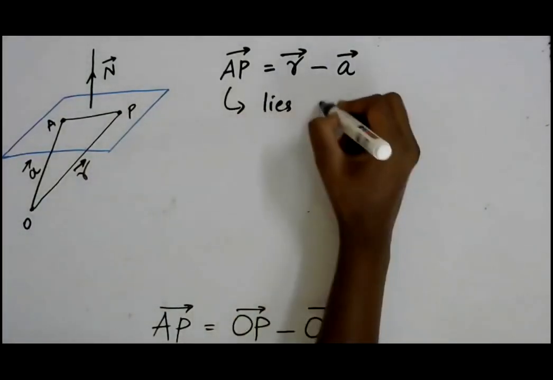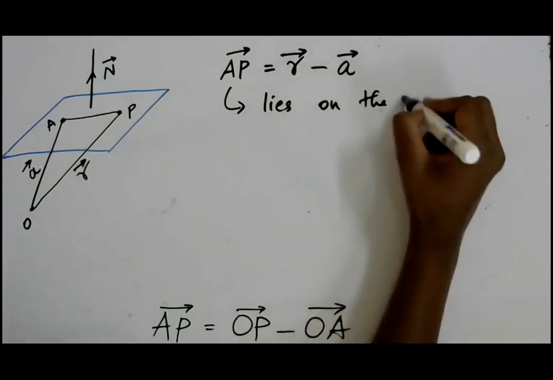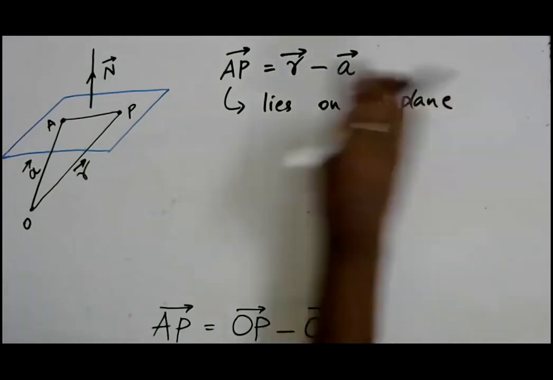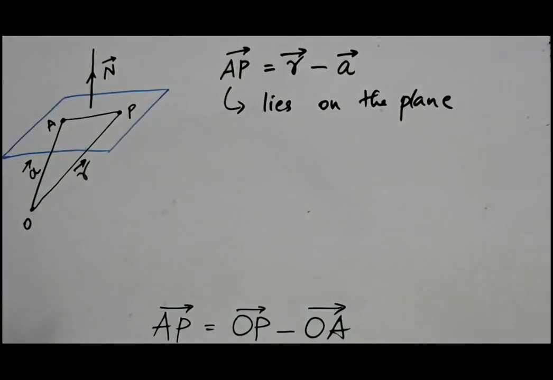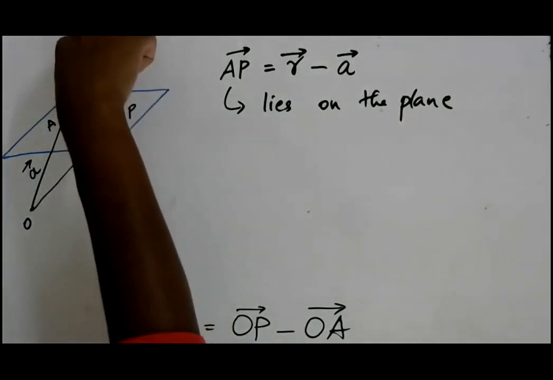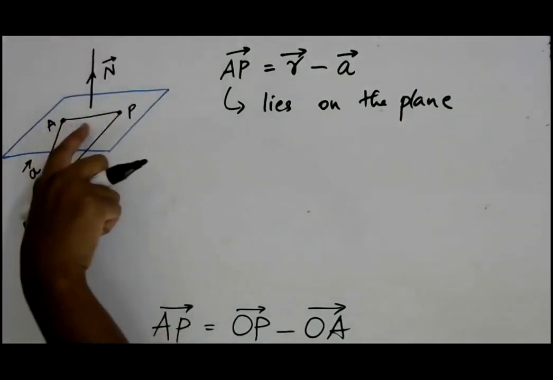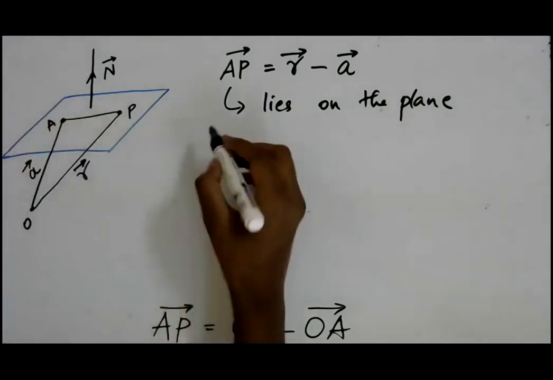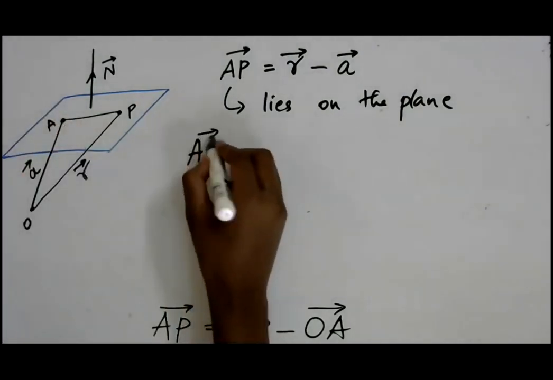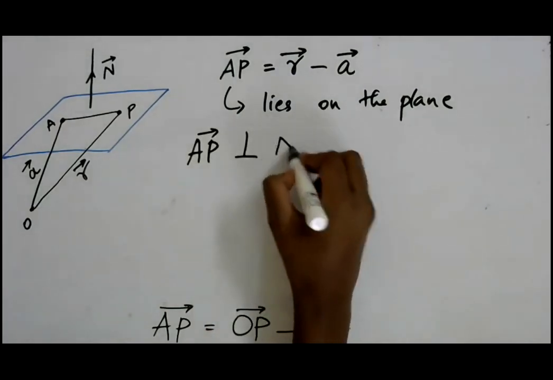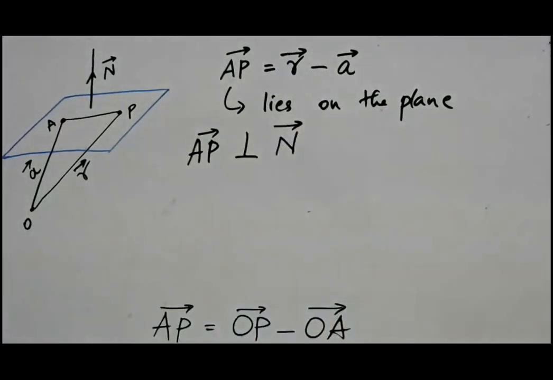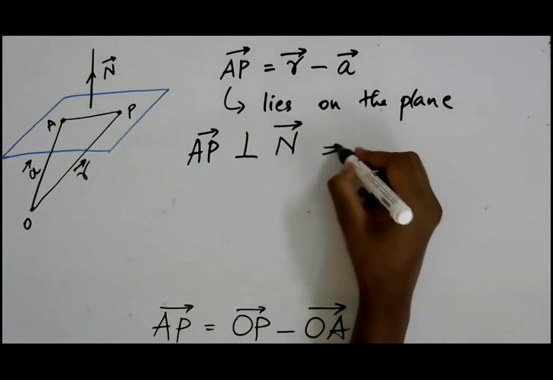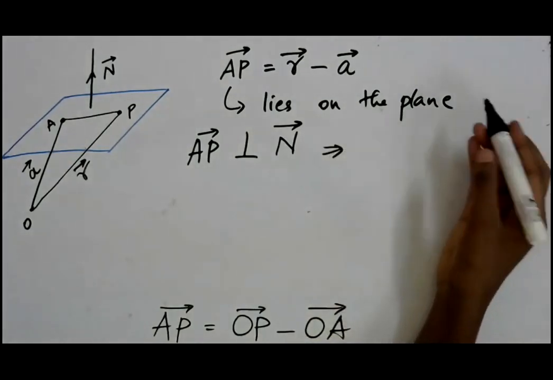But what do we know? This n vector is perpendicular to this plane, right? So since n vector is perpendicular to the plane, it is going to be perpendicular to the vector which is lying on the plane also. So we have AP vector perpendicular to the considered normal vector. That implies their dot product should be equal to 0.